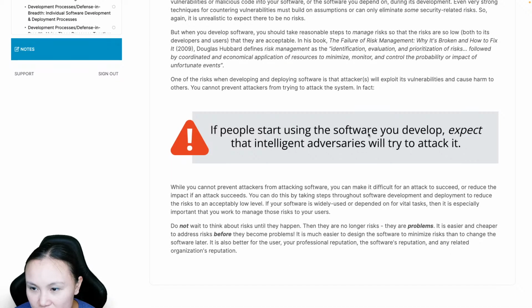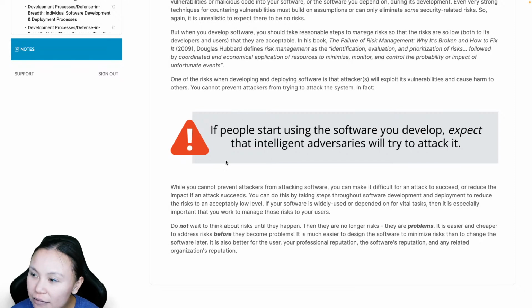If people start using the software you develop, expect that an intelligent adversary will try to attack it. So just prepare for the worst. Do not wait to think about risk until it happens, because then it's no longer a risk, it becomes a problem.